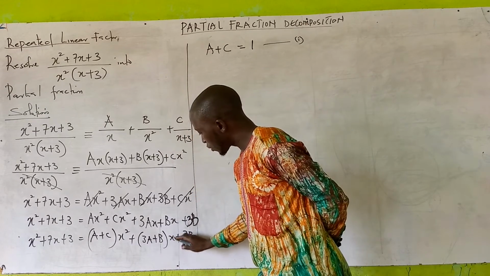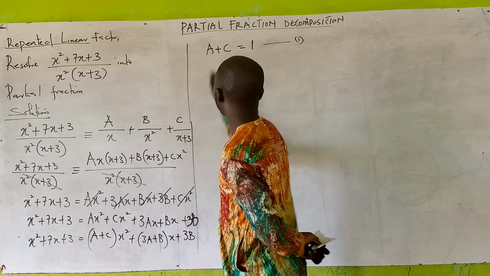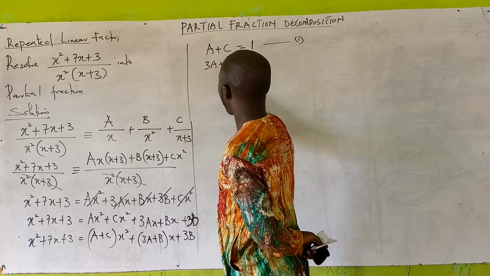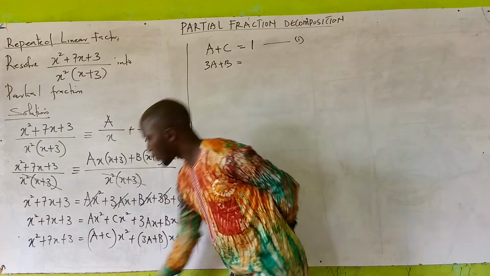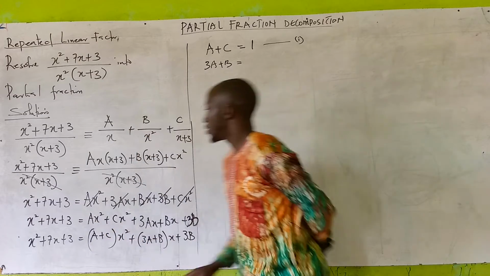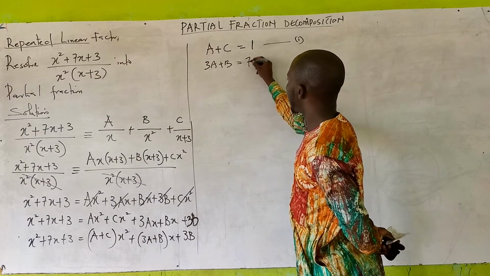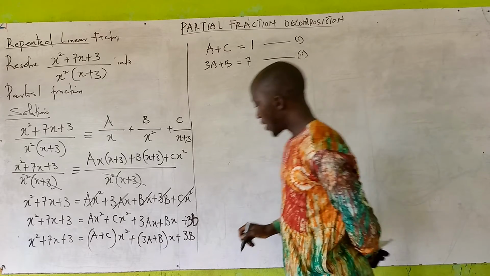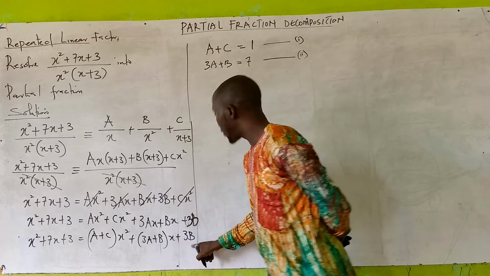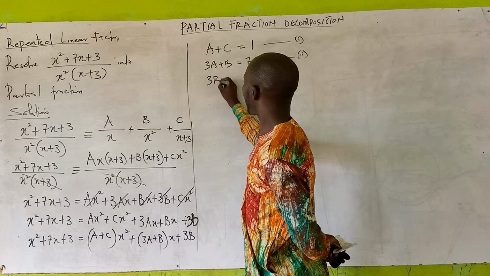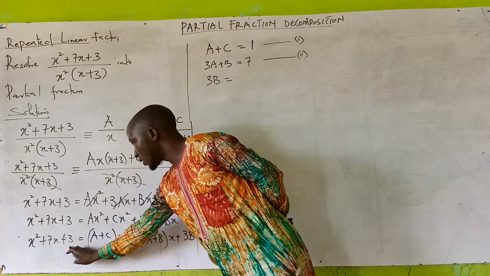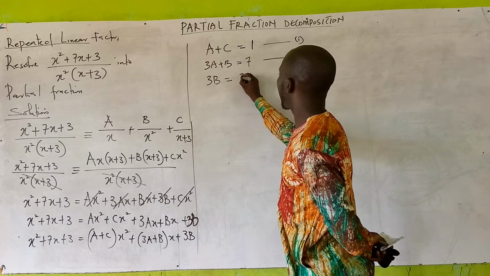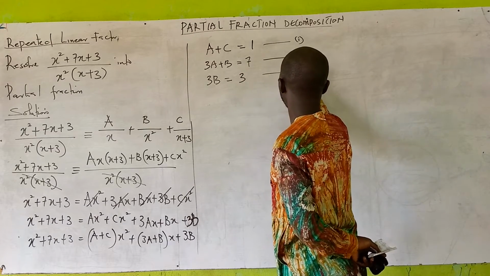The coefficient of x here is 3a plus b, so 3a plus b equals 7. Equation 2. The constant is 3b, so 3b equals 3, equation 3.